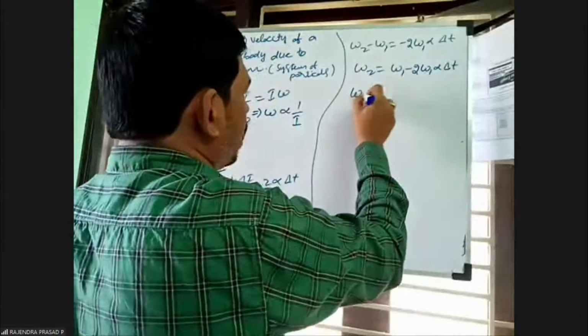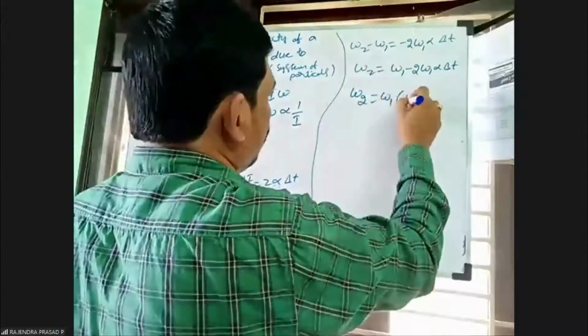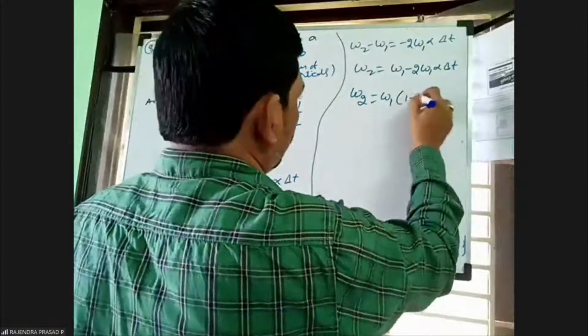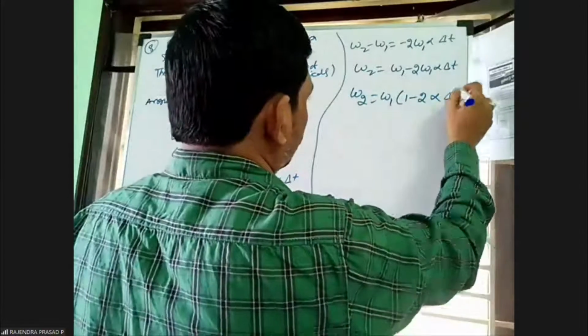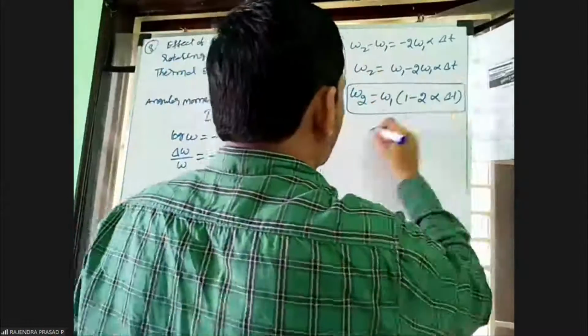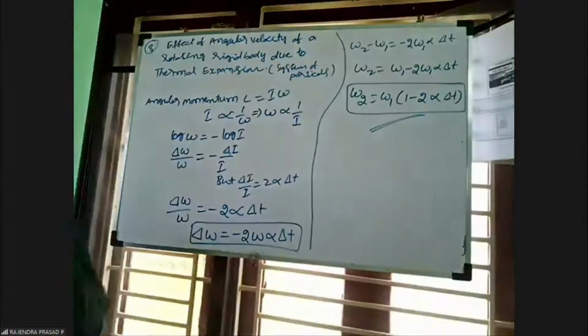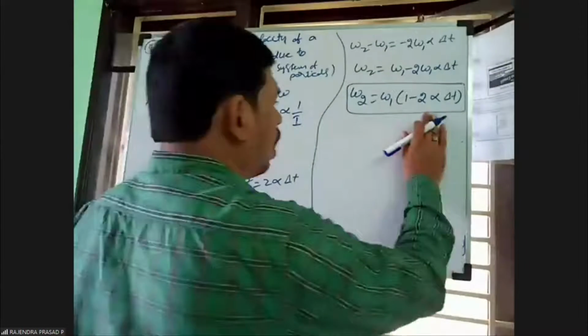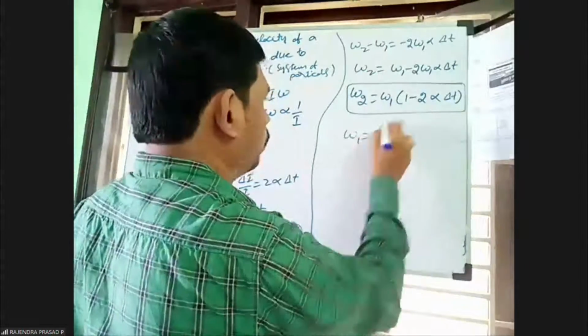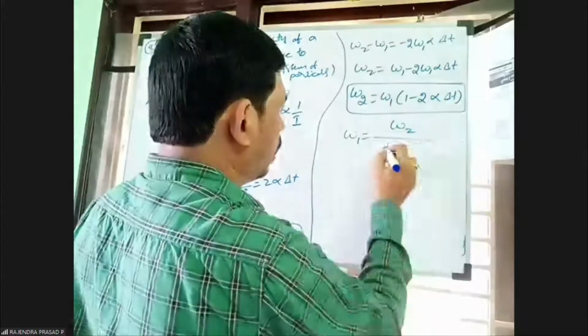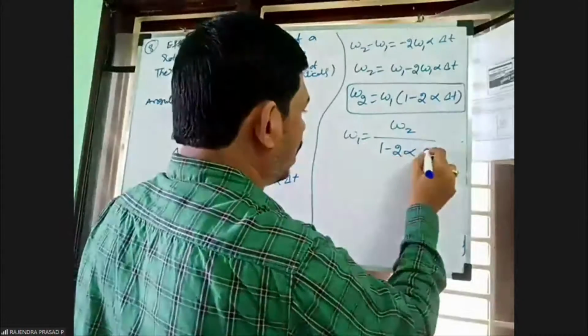So omega 2 equal to omega 1 common, 1 minus 2 alpha delta t. This is the final angular velocity. Or omega 1 equal to omega 2 by 1 minus 2 alpha delta t.